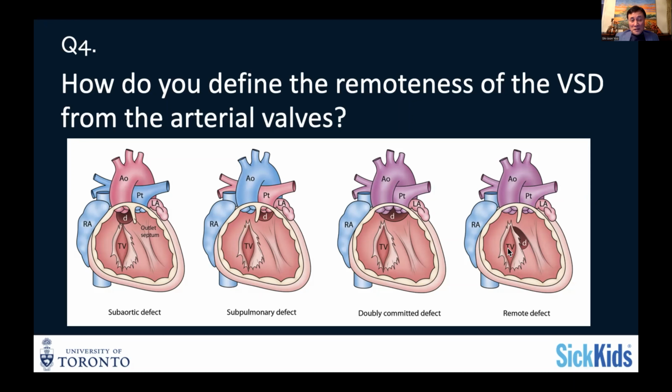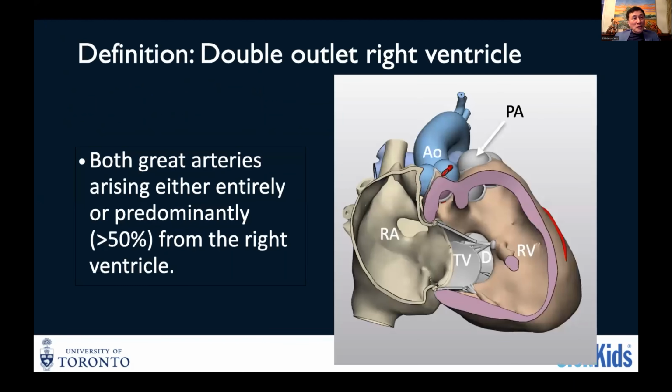These three are pretty much straightforward. However, when we talk about the remote VSD, do you have any criteria to say it is remote? Okay. With the priming questions in mind, let's have a few definitions clarified.